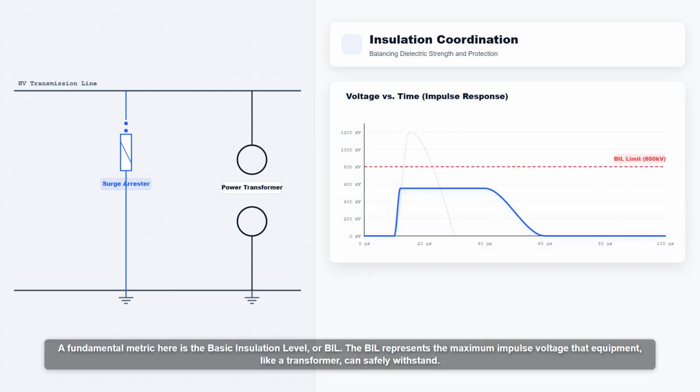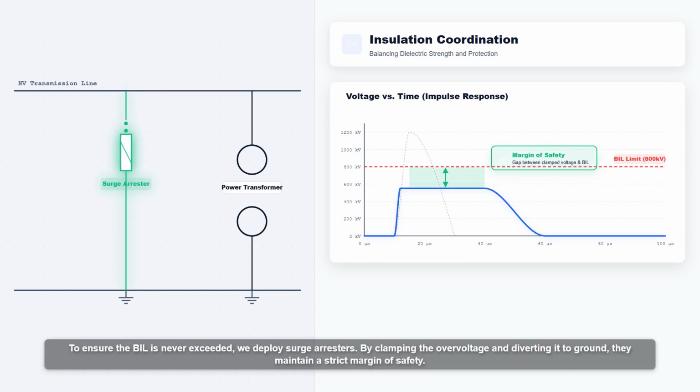A fundamental metric here is the basic insulation level, or BIL. The BIL represents the maximum impulse voltage that equipment like a transformer can safely withstand. To ensure the BIL is never exceeded, we deploy surge arresters. By clamping the overvoltage and diverting it to ground, they maintain a strict margin of safety.